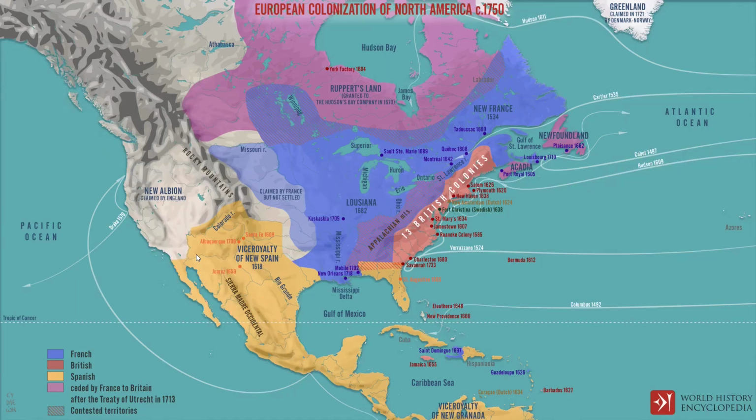What the map doesn't depict is that Russia had also colonized. You see this area here along the western border. Russia is actually in a bit of an argument with England over territory here in the Pacific Northwest. We don't hear a lot about that, but it was happening.